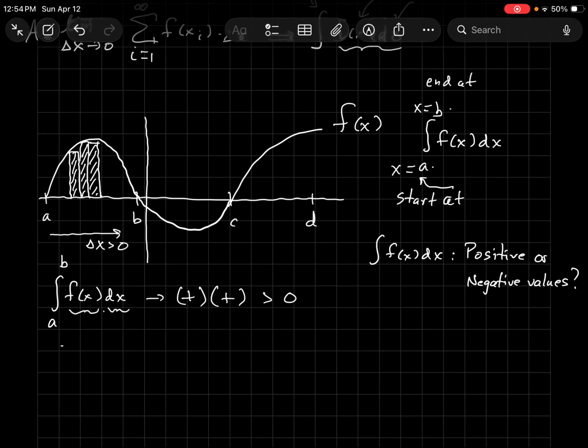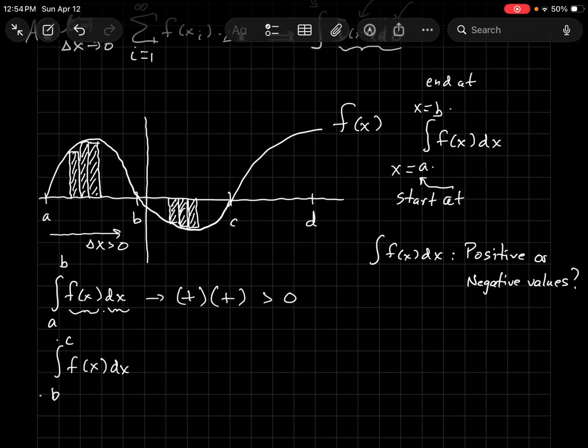Now what if I wanted to find the integral from b to c of f of x dx? Starting at x equals b, going to x equals c. Again, I'll draw a few representative rectangles. You may notice, if you're watching, I'm doing left Riemann sums.